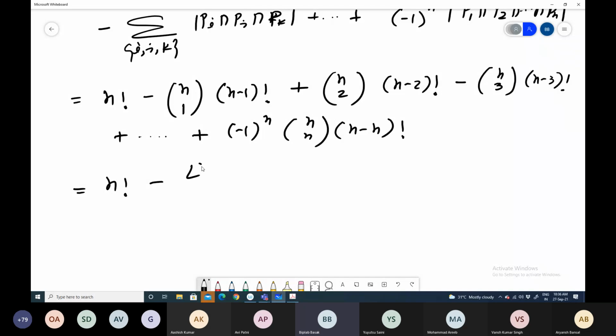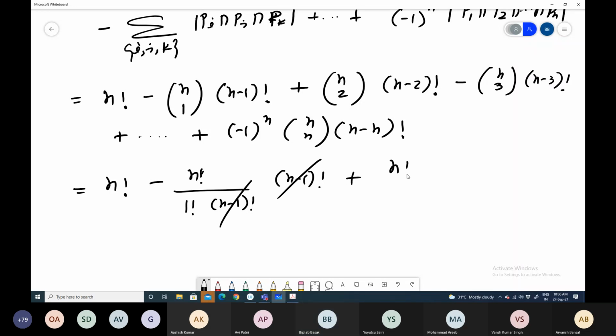So n choose 1 is factorial n by factorial 1 factorial (n minus 1), so the (n minus 1) factorial cancels out.